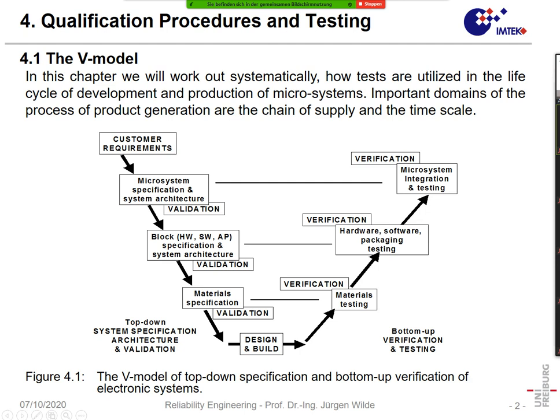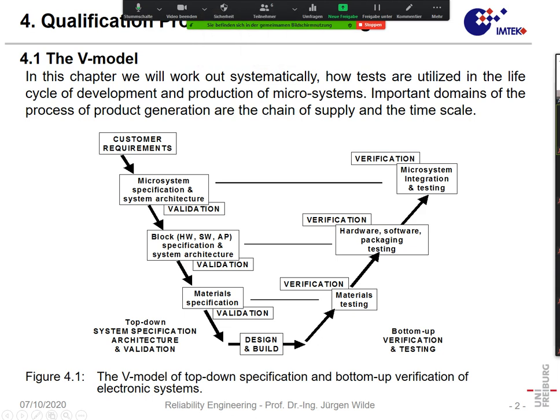For instance, in the end, we come to the material specifications, so we know the housing is made of metal in order to make it hermetic, and so on. And only when the specification is complete and when the specifications on all levels have been validated, then we can start to design the system.